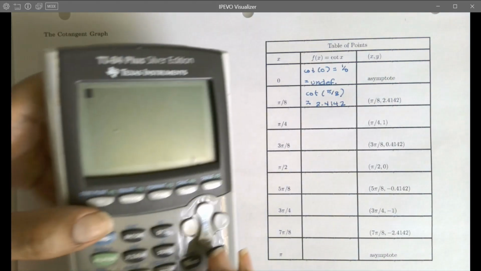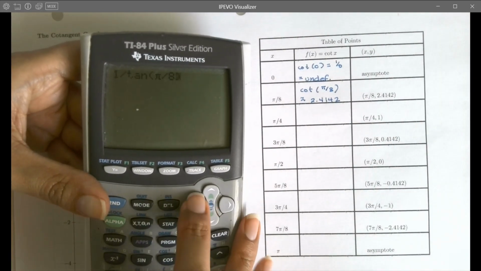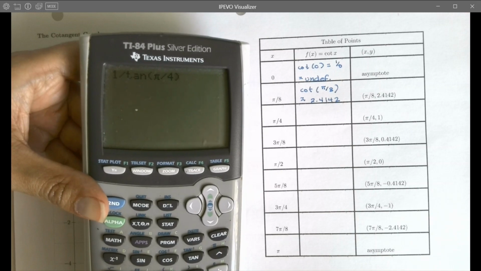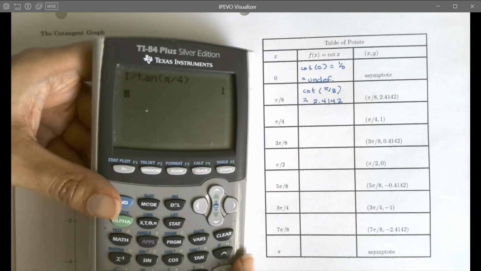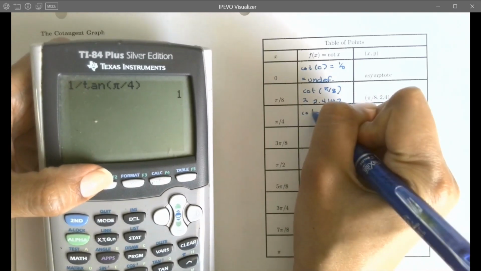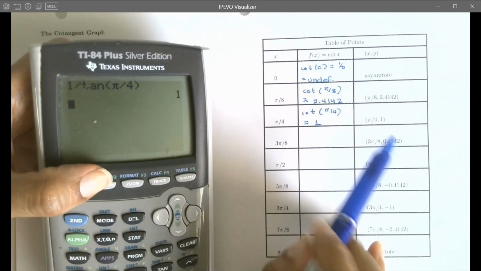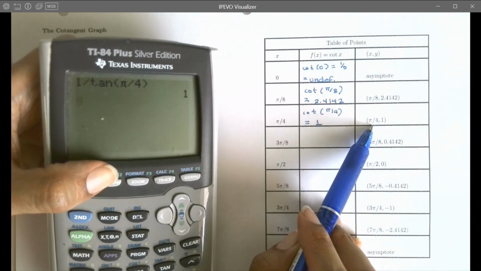Okay, again, let's check pi over 4. There are two options for checking pi over 4, unit circle or calculator. In this case, I'll rely on the calculator. We're going to get a 1. So that agrees with the point pi over 4 comma 1.